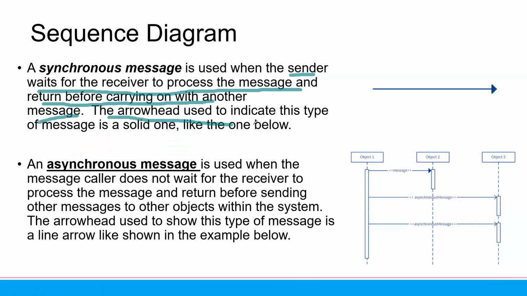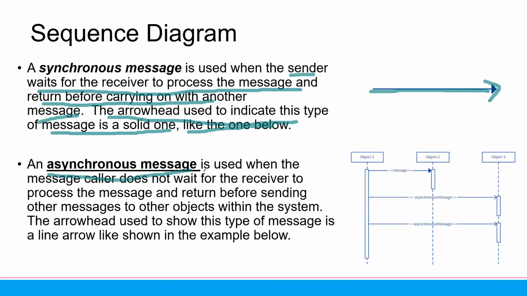The arrowhead used to indicate this type of message is a solid one, like the one below. So this one is a solid line, and it has the arrowhead, and this arrowhead means the synchronous message. So if there is no reply, then there will be no further process.